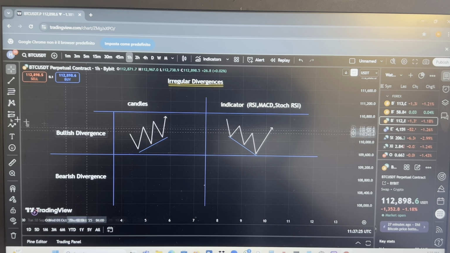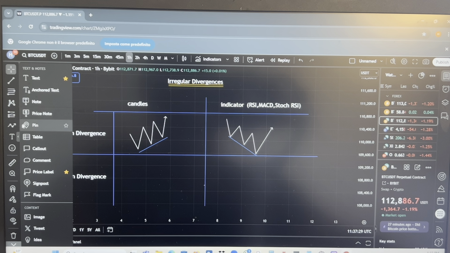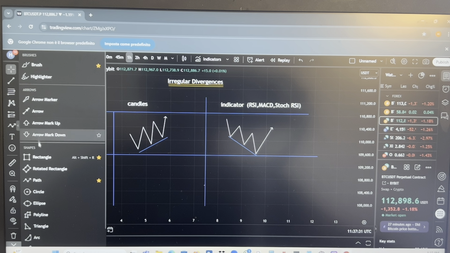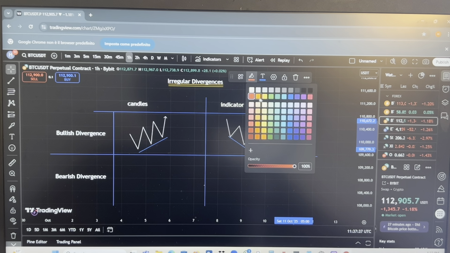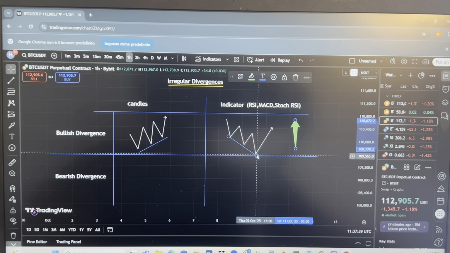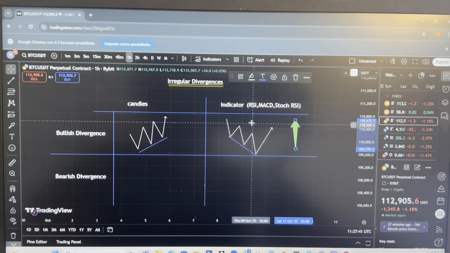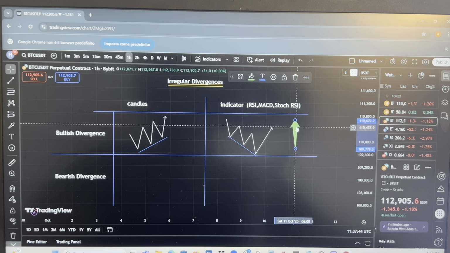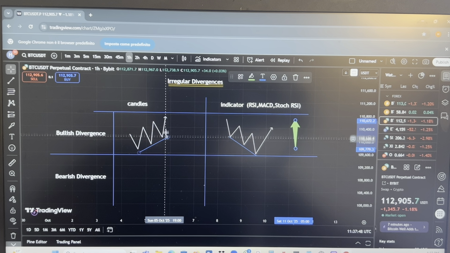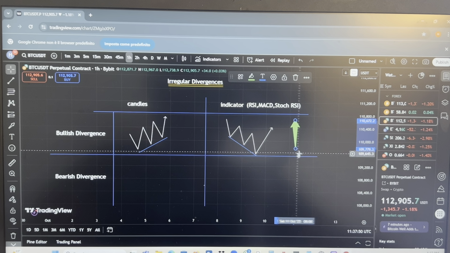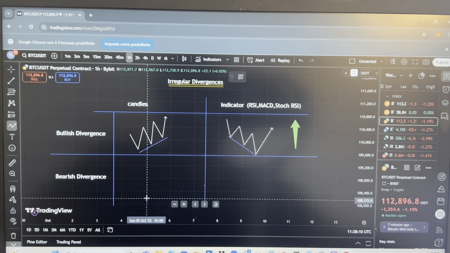That is a confirmation that the market is about to go up, just like this. So this basically confirms that the market is about to pump even harder, right?